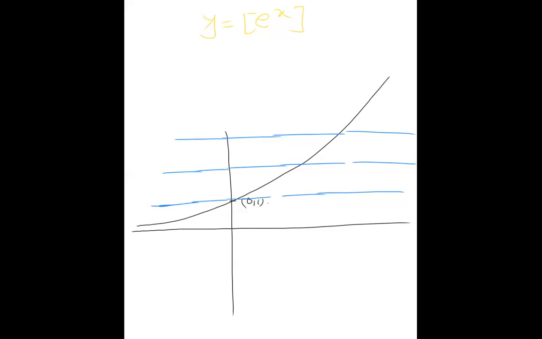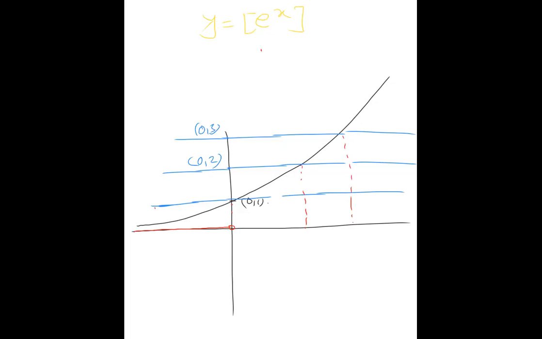See, this is 0, 1, this is 0, 2, this is 0, 3, right? And this is the line we are drawing parallel to the axis. Now, if this is lying between 0 to 1, the answer will be 0 only, right? This is the first strike when e to the power x strikes at 2.